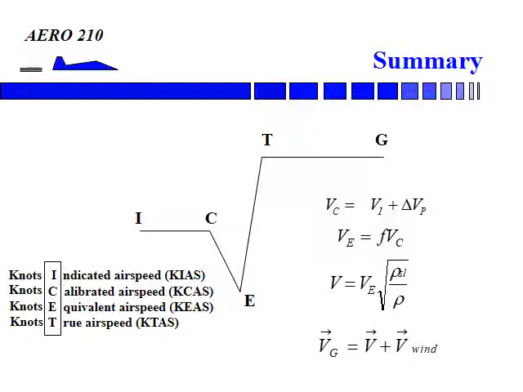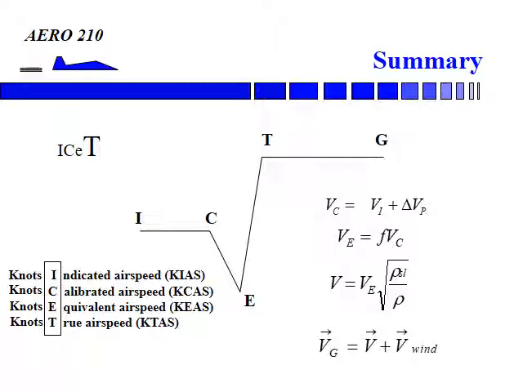You can sanity check that equivalent airspeed should be the smallest speed of all of them. The way that we write ICeT to remember the relative magnitudes of the different velocities is we'll write an uppercase I and C, then a lowercase e, and then a larger font uppercase T, as shown in the upper left hand corner of the slide.